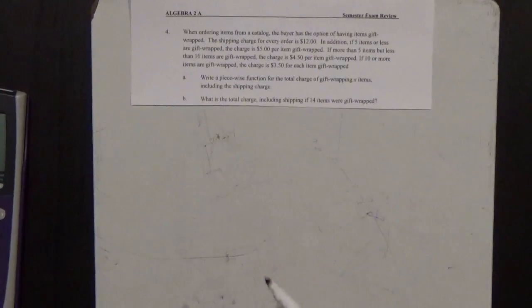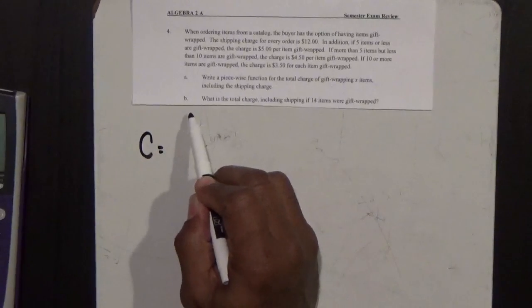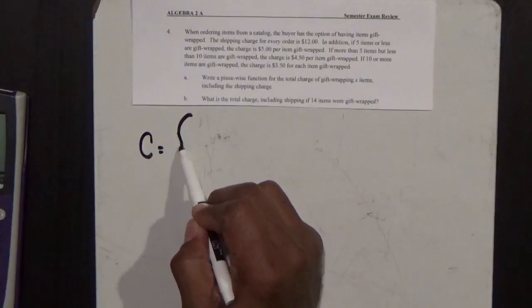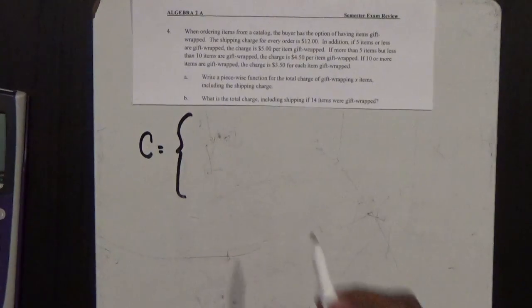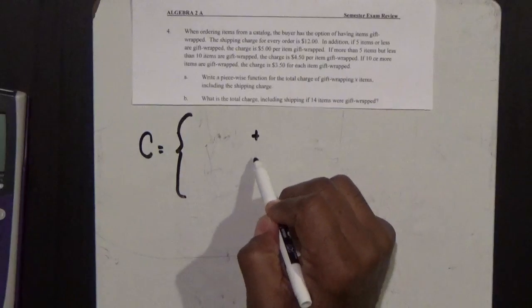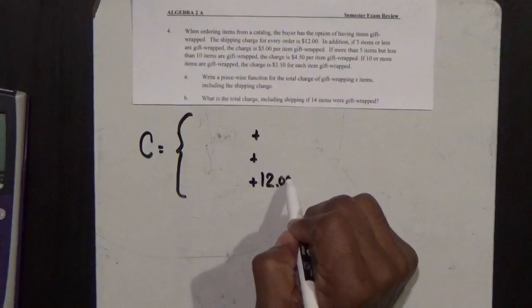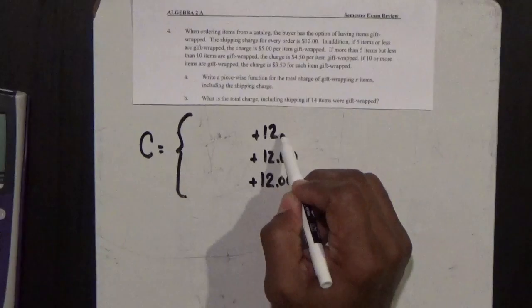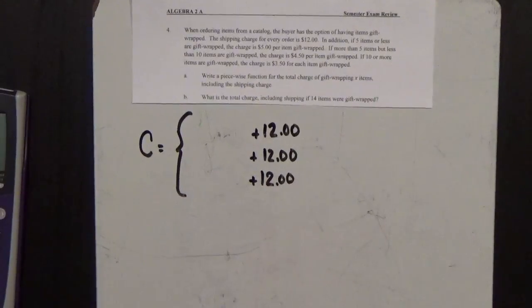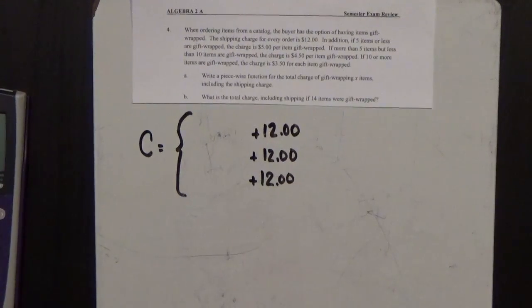So total charge, we're going to say C for total charge, and what we have is 3 situations. Now, regardless of the situation, you're always going to pay how much for shipping? You got it, $12. Now, you got 3 situations here, and you just need to be clear with your 3 situations.